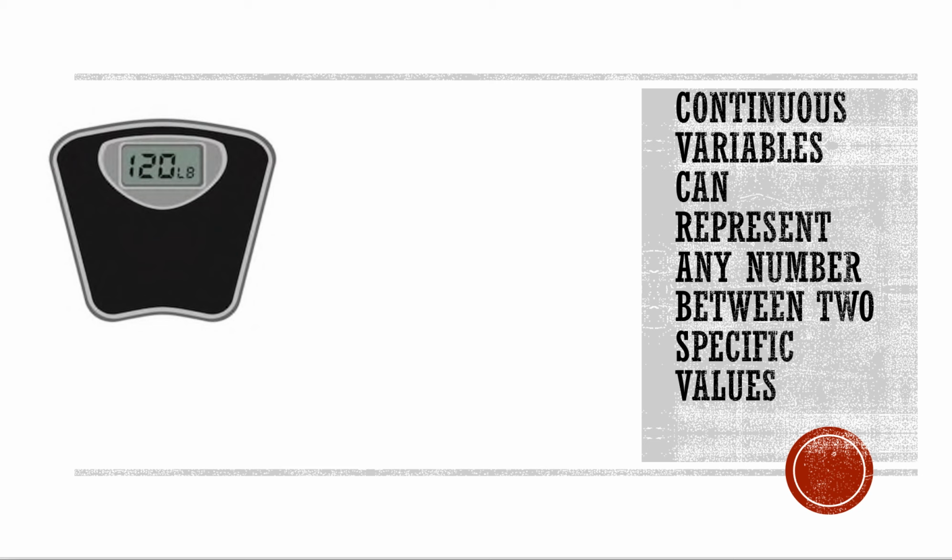One thing that's unique about continuous variables is that they can represent any number between two specific values. Okay, let me try to explain this to you. You have already told me that weight is continuous, right?